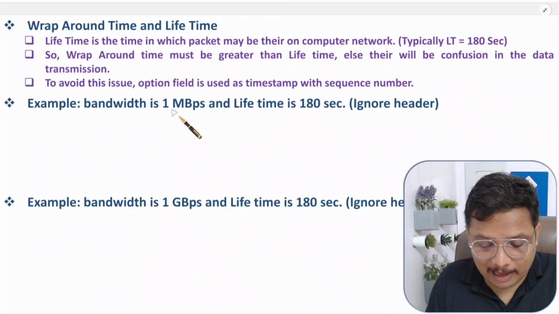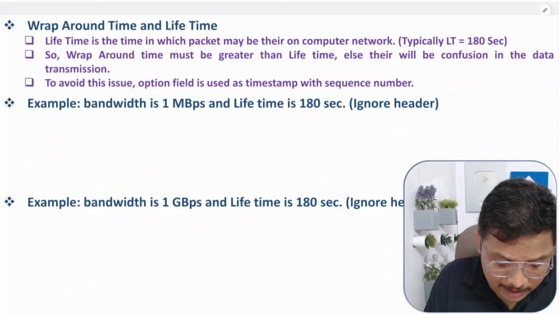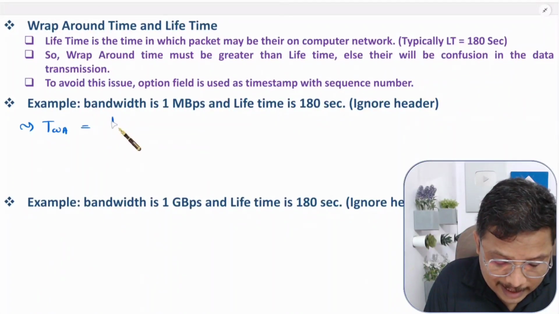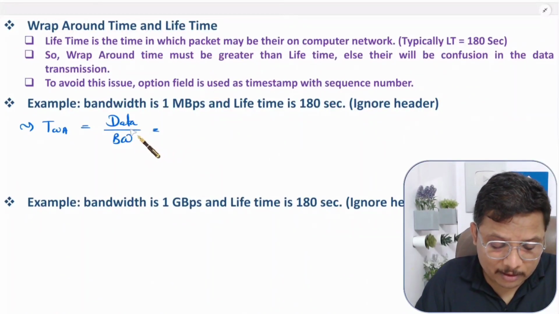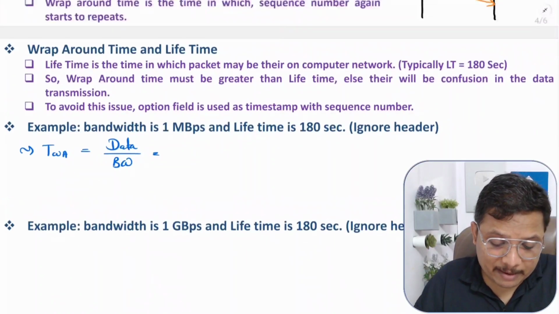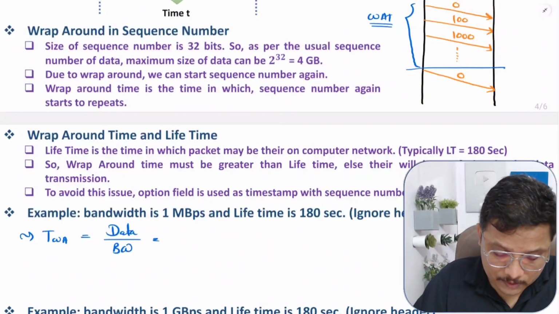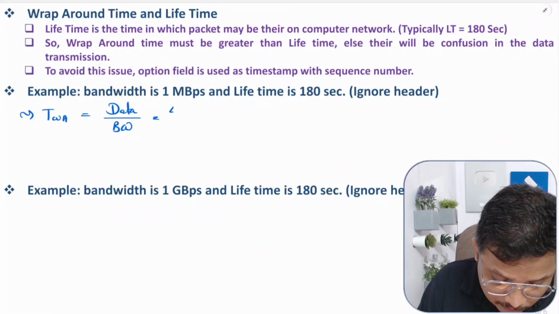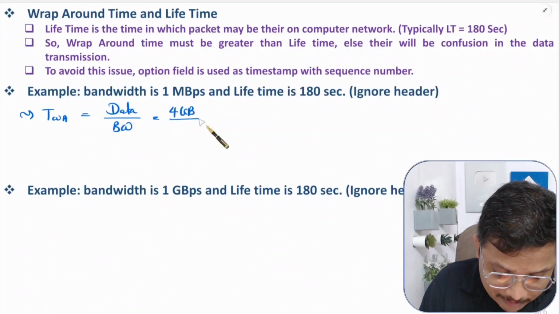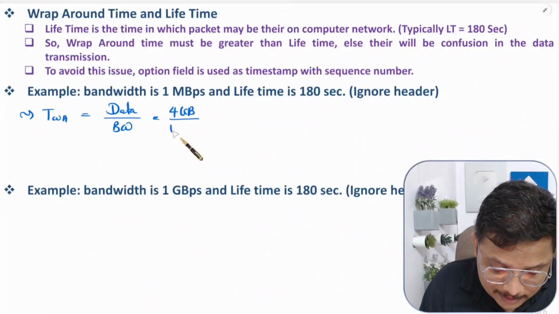Then what will happen? What will be the wraparound time? Wraparound time is data divided by bandwidth. Here the data will be 4 GB, divided by bandwidth 1 Mbps.